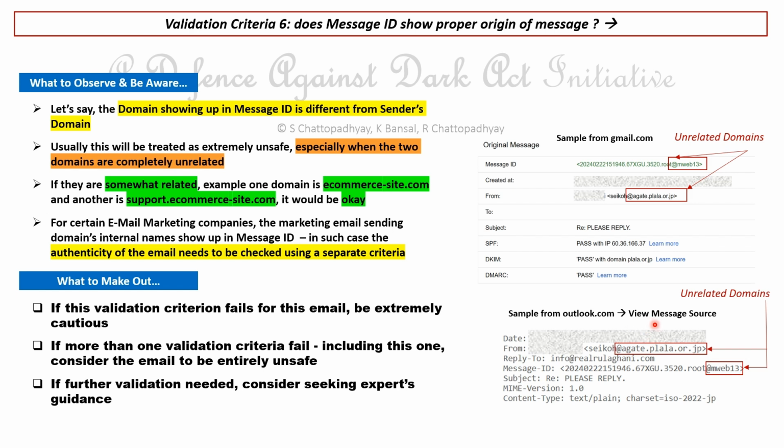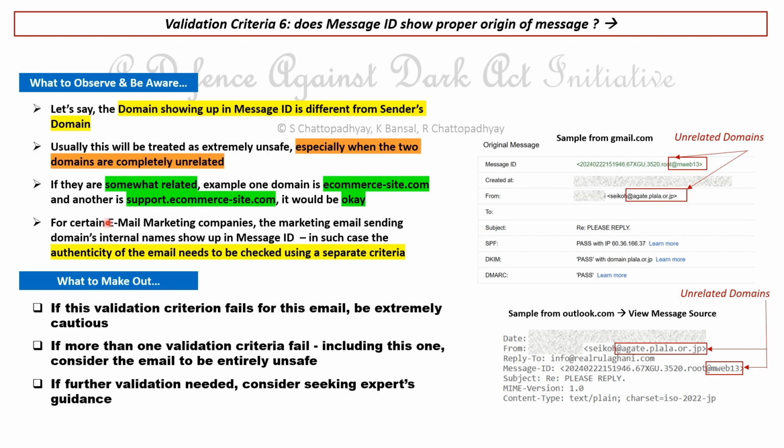Even in view message source, you could see a similar message ID alongside the from header information, and if those are not matching or related at all, this could be an indication of a message not being trustworthy.